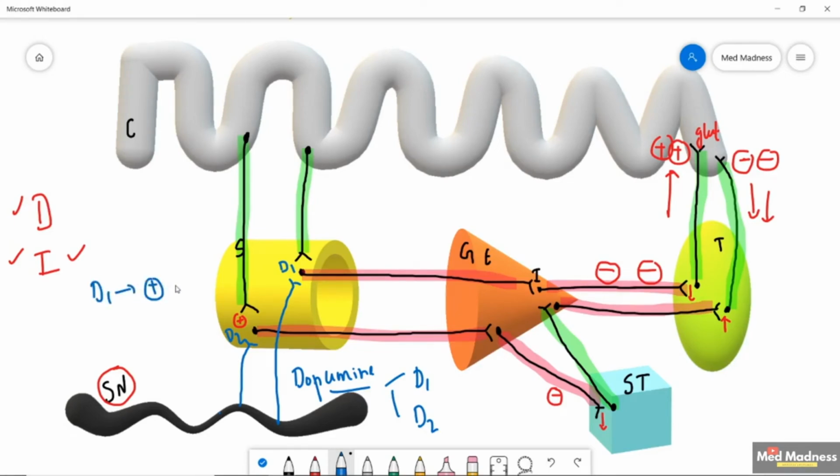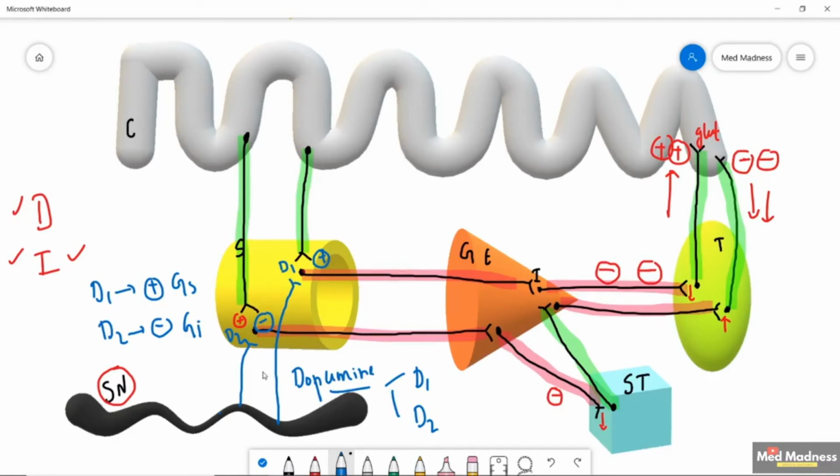We'll learn in the second messenger systems about Gs or Gi. For now, just remember D1 receptors are stimulatory and D2 receptors are inhibitory. So this is Gi. What happens if dopamine acts on D1? It is going to stimulate. And if dopamine acts on the D2 receptor, this is going to inhibit the indirect pathway.